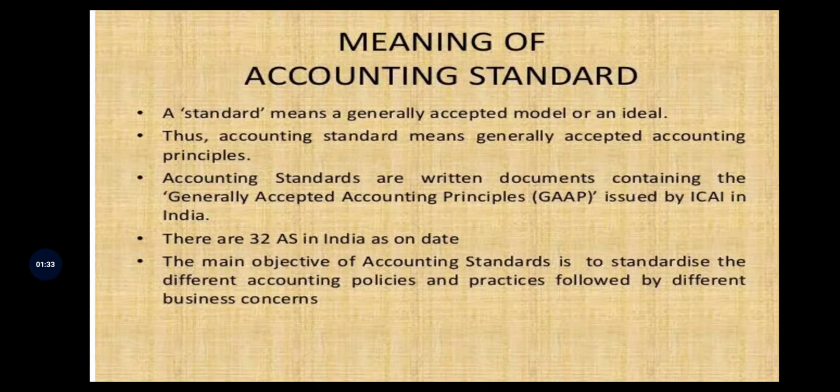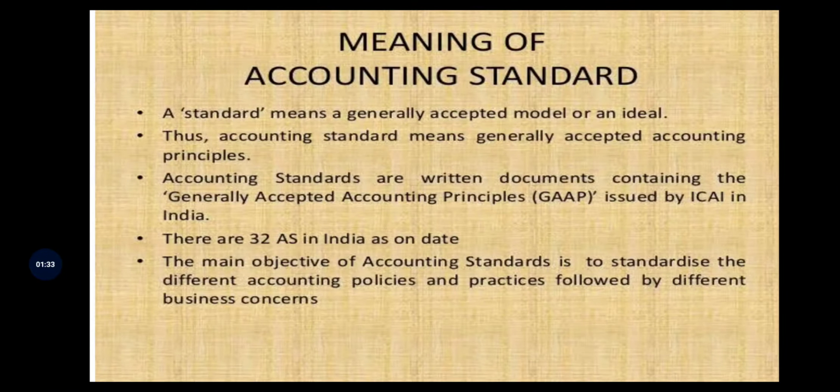For managing our day-to-day life also, we prepare some timetable, we frame some life rules to go easy. Like that only, in order to prepare our financial statements, there are some rules and regulations issued by an authority.